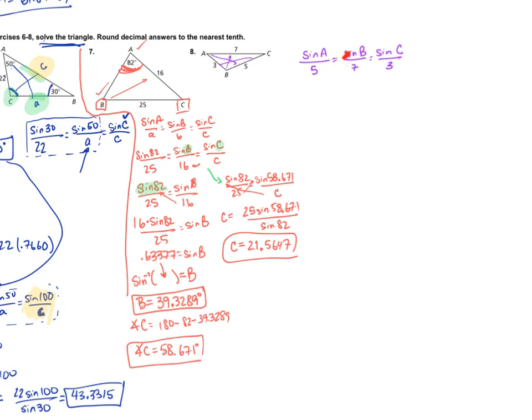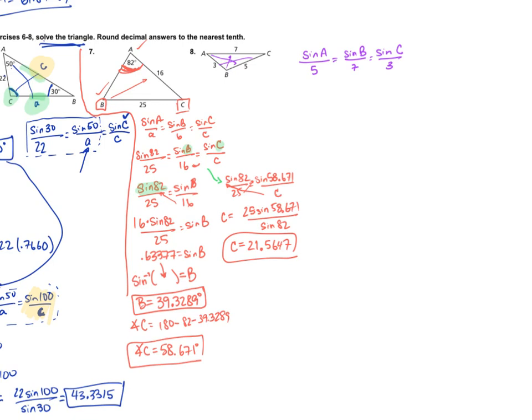Let's try the last 2, B and C. Can't solve it. What about the first and the third? I don't know A. I don't know C. Even if I set up these 2 ratios, I can't solve it. So we're stuck. The law of sines will not work right now.